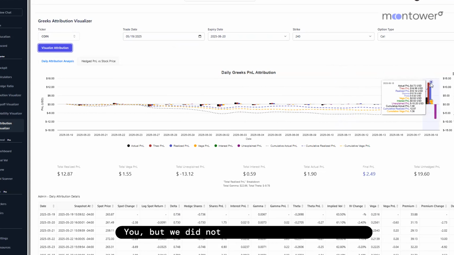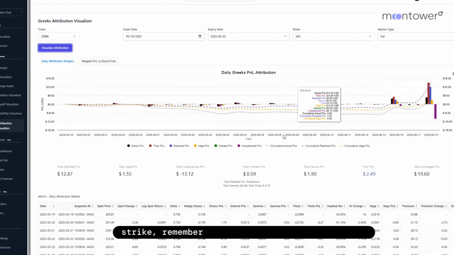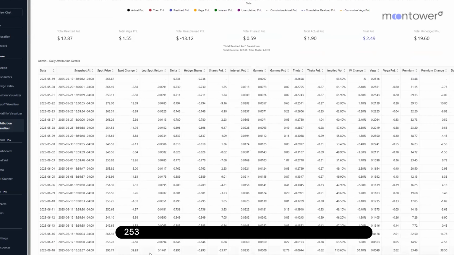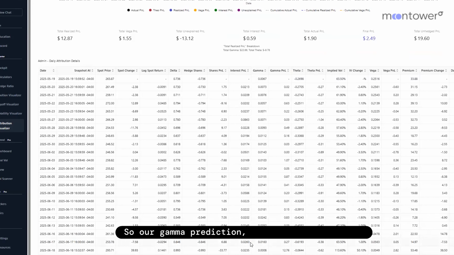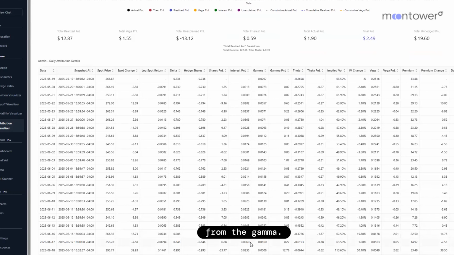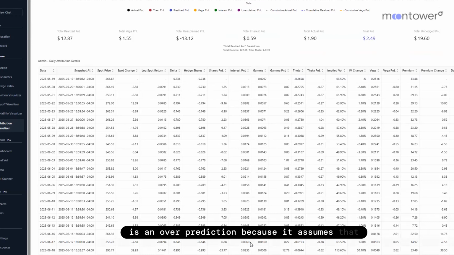But we did not make quite as much money as we thought, because as you got further from the strike, remember at some point the stock was at 253, but by the time the stock is at 270, 275, your gamma is just totally disappearing. The stock is becoming almost a 100 delta call. So our P&L prediction from the gamma is an over-prediction because it assumes that your gamma was constant over the whole move, and that's not true.